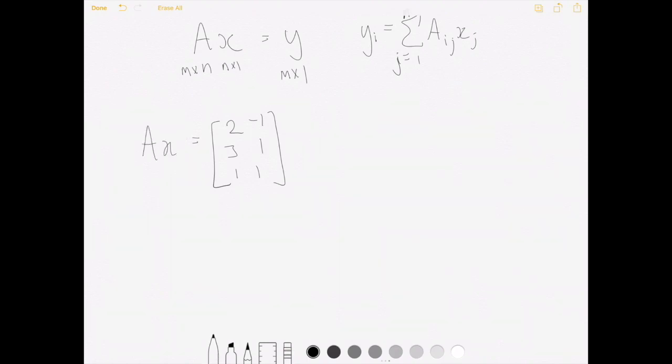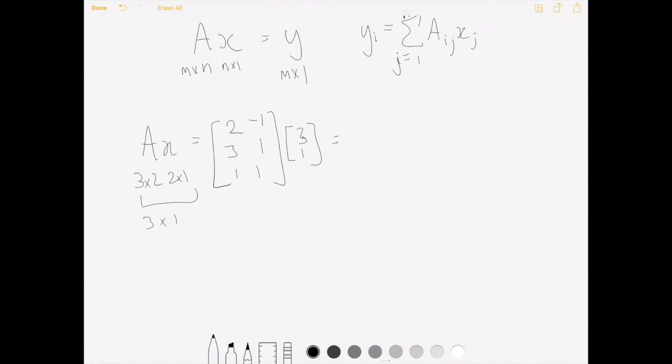So A times X: A is 3 by 2 and X is 2 by 1, so the result is going to be a three-dimensional vector.